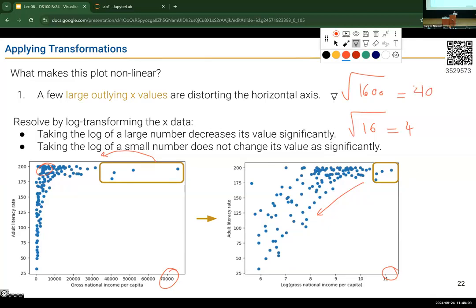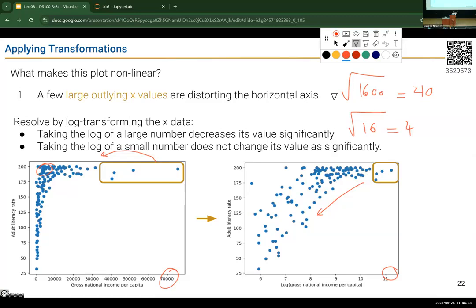So both of them are going to get smaller, but proportionally 1600 got way smaller than 16 got smaller. So that's why they're going to get closer to each other. Every time that we have extreme values, any of such transformations such as log, square root, things like that would work and will help us to have a uniform kind of distribution in the x-axis or in the y-axis.